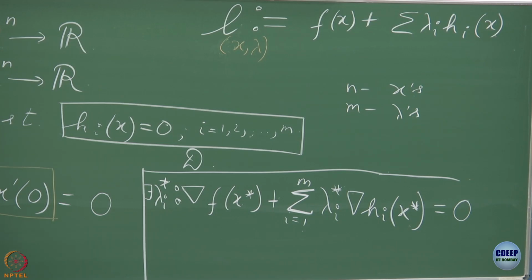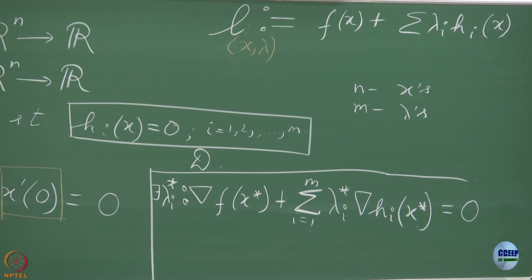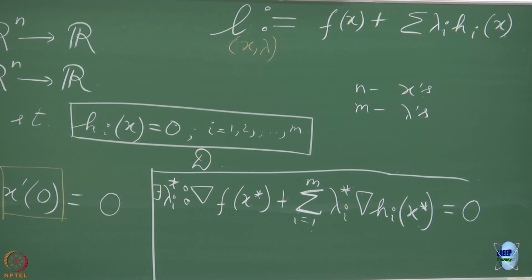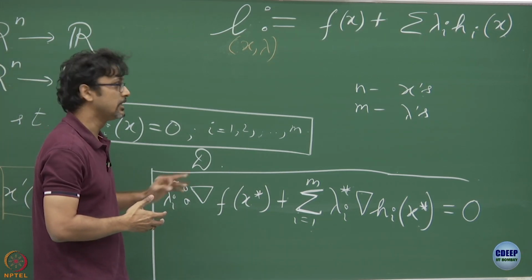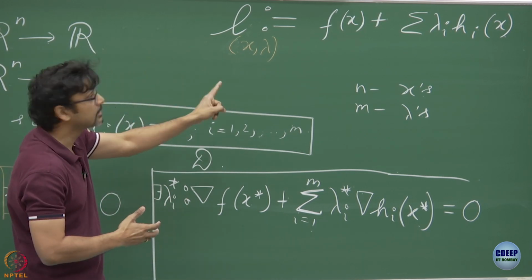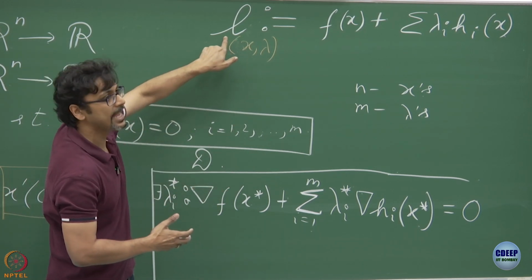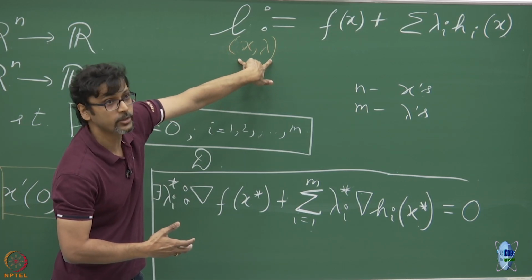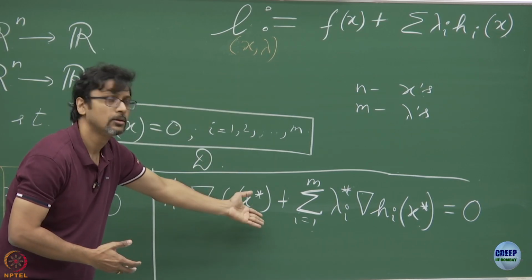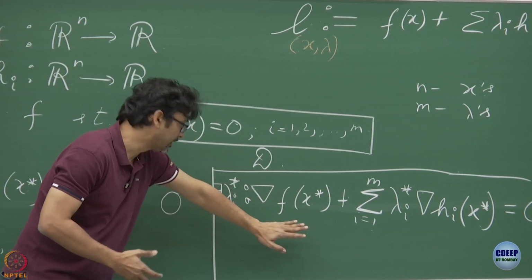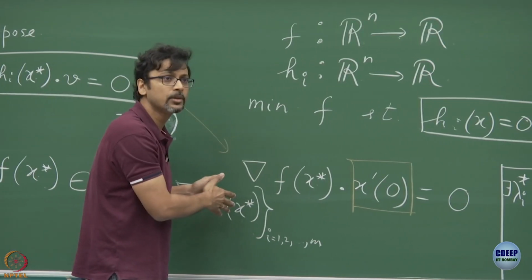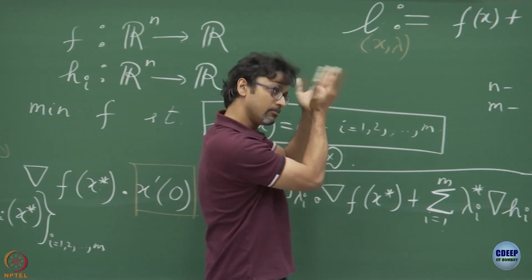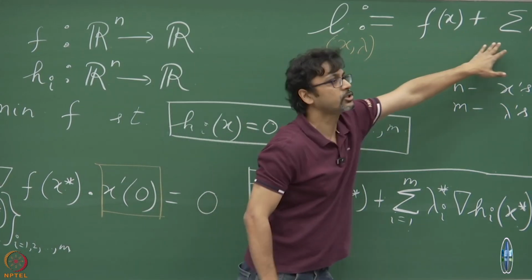You have an n plus m tuple given by the x star and the lambda star, so that whatever appeared like a constrained optimization problem in n variables now appears like an unconstrained optimization problem in terms of n plus m variables, for the simple reason that the first order condition invoked on this L, written as a grad of this augmented unknown, that is x and lambda taken together, is exactly this, right? The first order necessary condition for optimality, for minimality, that we have derived for this constraint problem turns out to be the same as the first order condition for this unconstrained problem.